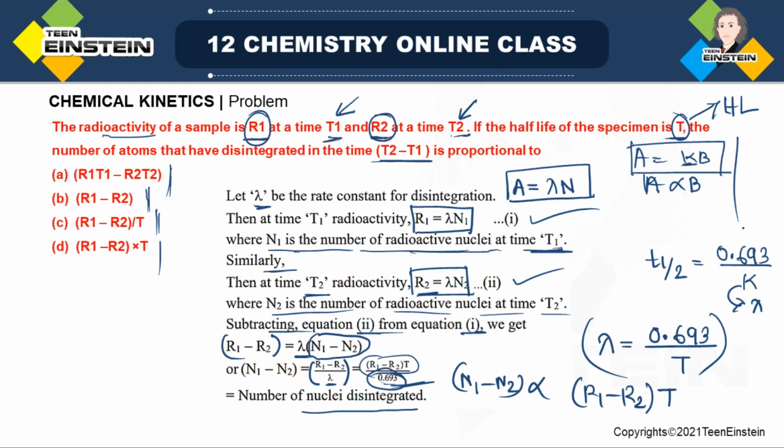Just compare with the equation that I have written here, as if here A is N1 minus N2, B is this part, and K is 1 by 0.693. So which option will be correct? N1 minus N2 is proportional to R1 minus R2 into T. Which option is correct?